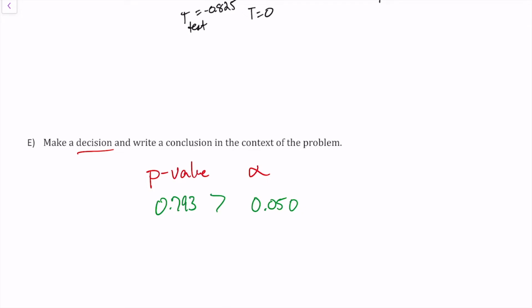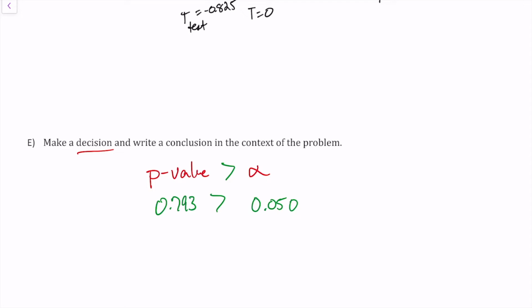So yeah, it turns out 793 is certainly greater than 0.050 or 50, right? So that means our p-value is greater than alpha. And what does that mean once again in the context of this problem? It means that assuming that the null hypothesis is true, assuming that the mean home gain is $10,000, the probability that we get the data that we got is very likely.